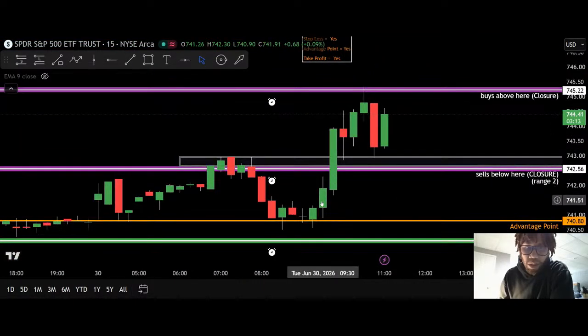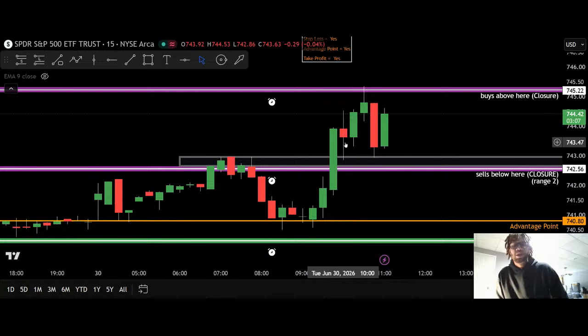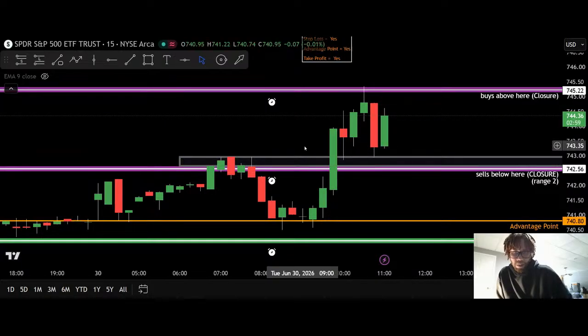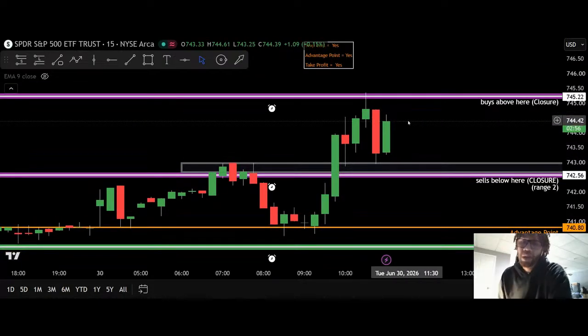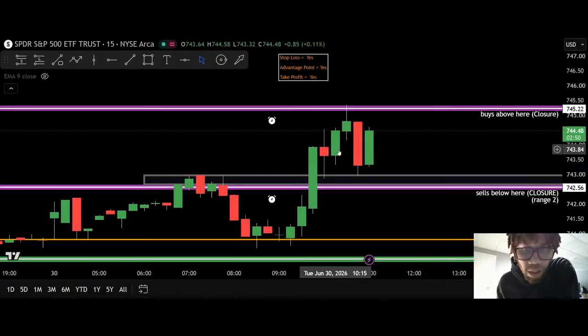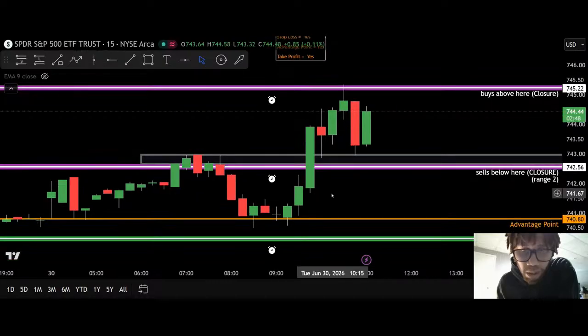So pretty much price broke out of this pre-market range. Retested it with a bearish 15-minute candle, pushed up and filled this range. This bearish candle with no top wick came back down and retested it again. Buyers should step back in the market. But from 10 o'clock until now, we definitely have been moving sideways in this range.